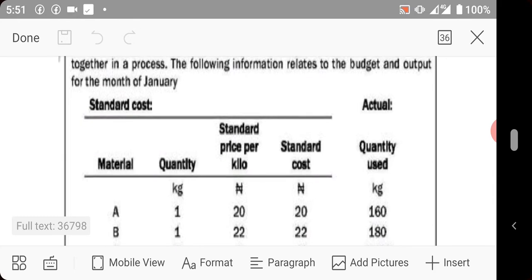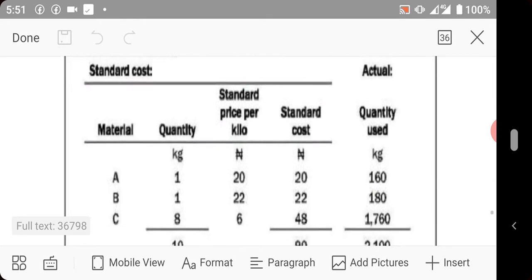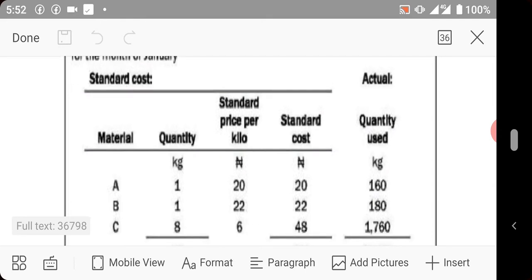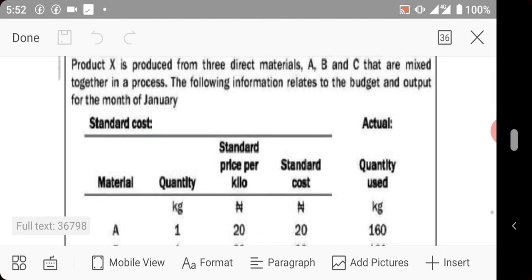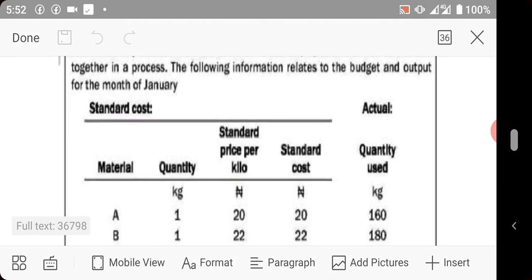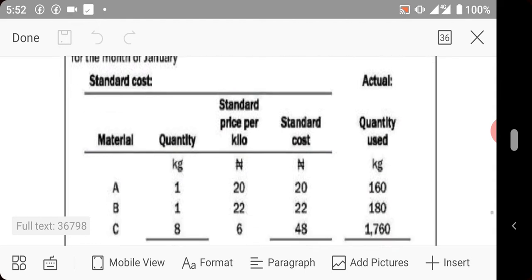So we now have standard costs, actual. We have material quantity, standard price per kilo, standard cost, quantity used. This section is standard, while this section is actual.